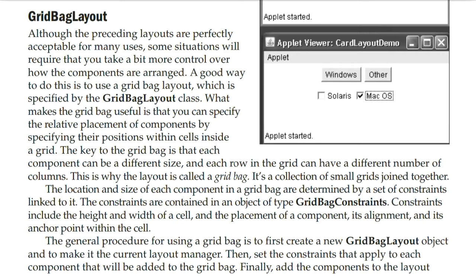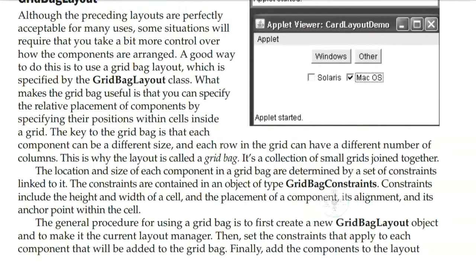The constraints are contained in an object of type GridBagConstraints. Constraints include the height and width of a cell, the placement of a component, its alignment, and its anchor point within a cell.